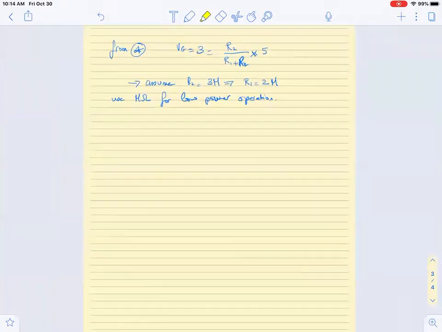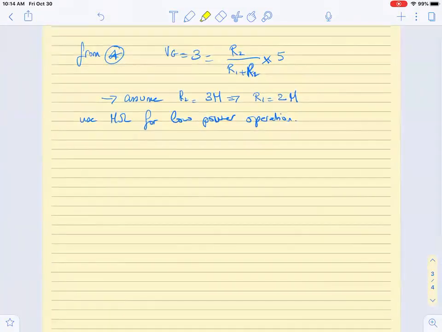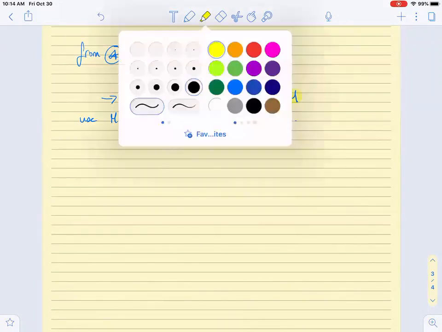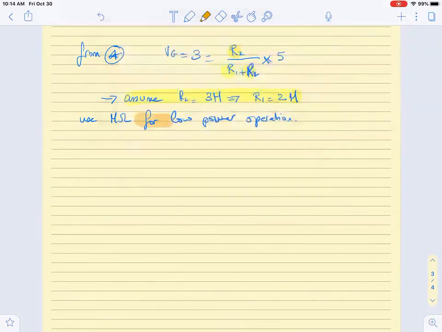And then from this relation, we solved the 2 equations, 2 unknowns, by assuming that R2 is 3 and R1 accordingly can be found to be 2, because 3 over 3 plus 2, which is 3 over 5, times 5 gives us 3. Now, what do we mean here by low power operation?